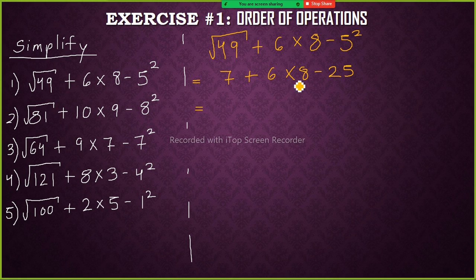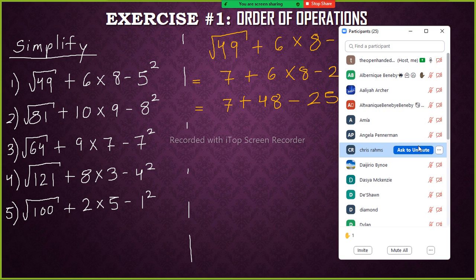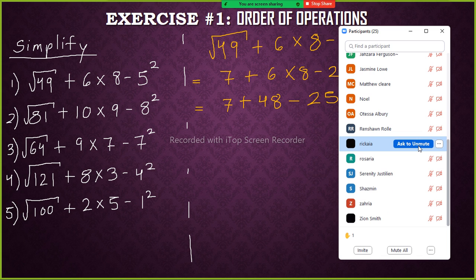Well, we multiply first, right? Yes, sir. What is 6 times 8? 48, very good, and not 42. Minus 25. Please make sure your mic is muted during the chat, because we don't want to hear domestic outbursts. That's not nice.